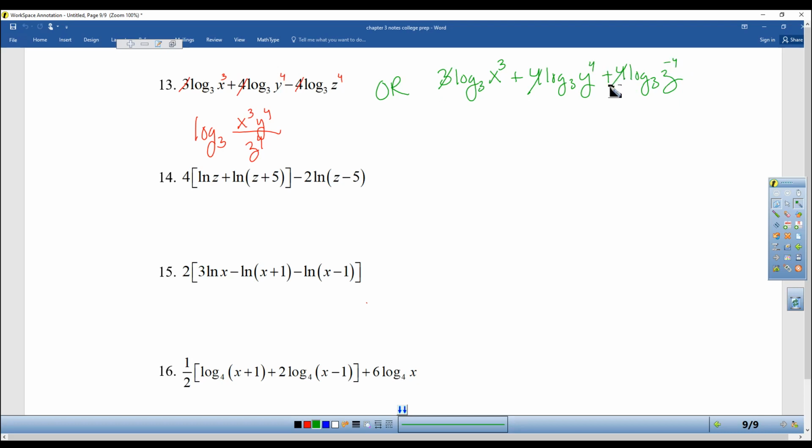And now it's addition. If you move that whole -4 to the exponent, you can do that. But now this will be addition because you took the negative away. So now you would have log base 3 of x cubed times y to the 4th times z to the -4. But these two answers are the same.